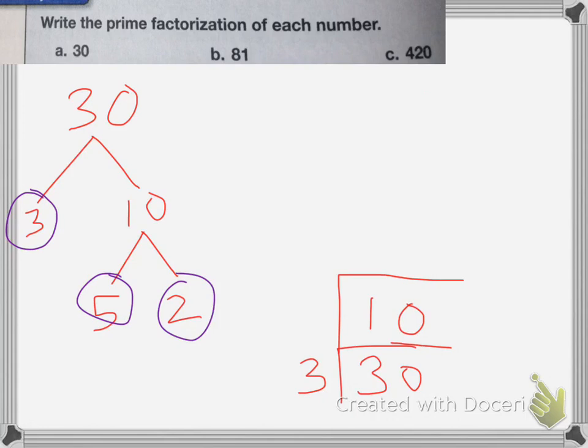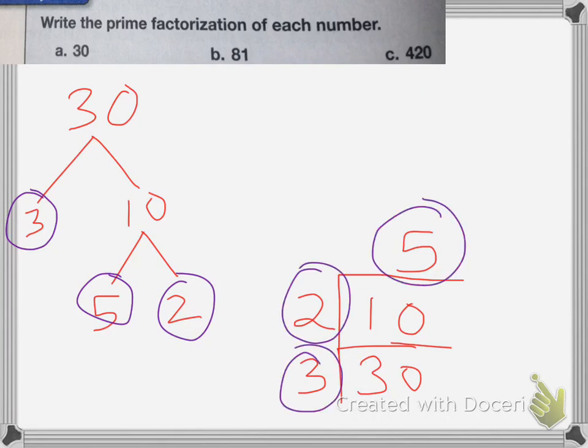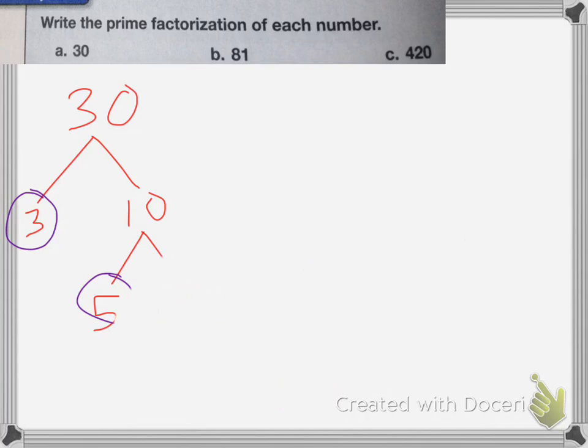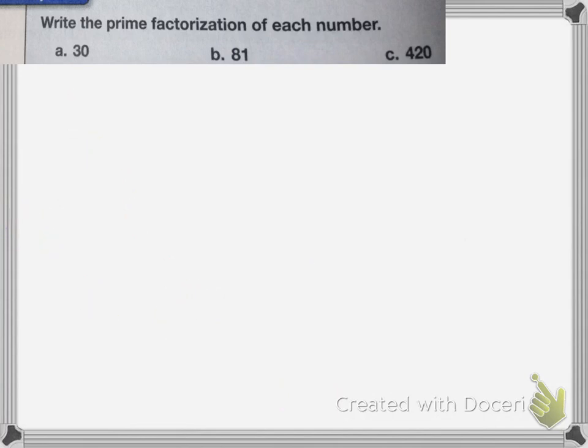And I can divide 10 by 2. 10 divided by 2 is 5. Okay, and 5 is prime. So I know that my 3 prime numbers again are 5, 2, and 3. If you notice, I got the same numbers both times. Okay, so let's go ahead and do this with the other ones. I find division by primes to be easier, but it's your choice, whichever one you think is easier.